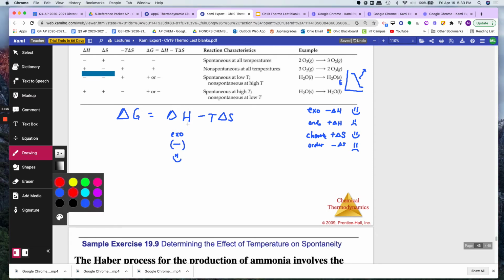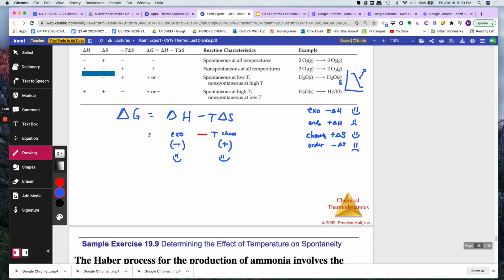This minus here is this minus; I'm just rewriting it. The T is just multiplying. If it becomes more chaotic, then delta S is positive. That's also a happy face. So let's see what happens when everything is good and good.